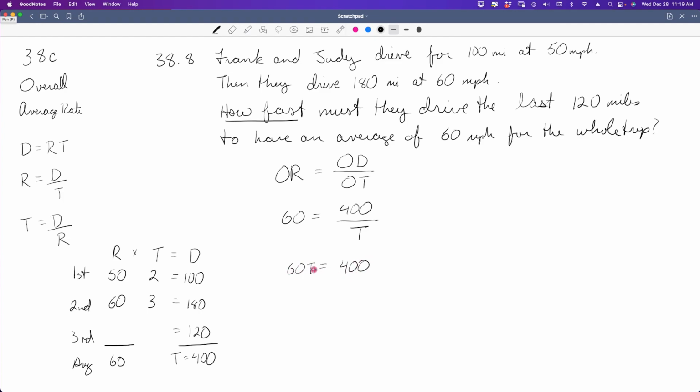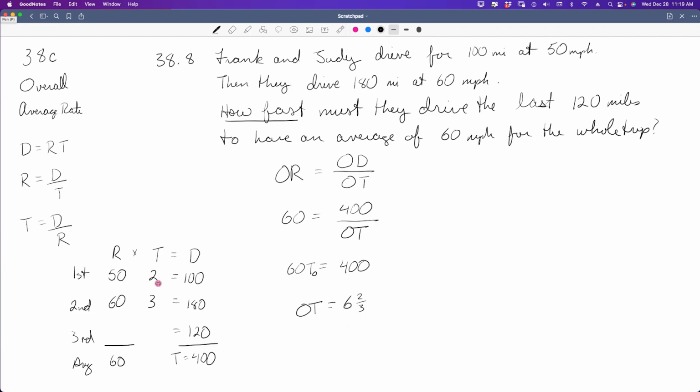So we can take this rate that we want to have traveled the 400 miles as an average of and divide everything by 60. So when we divide 400 by 60, we get 6 2/3. Now this is the overall time that we have right here. The overall time is 6 2/3.